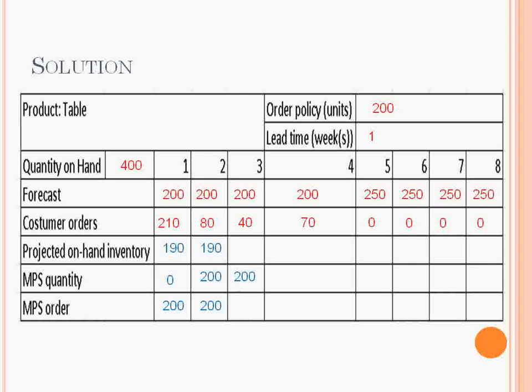There is a demand for 200 tables. We have on-hand inventory of 190 from the previous week. So at the beginning of this period, we have 390. We sell 200 items. There remains 190 as on-hand inventory.